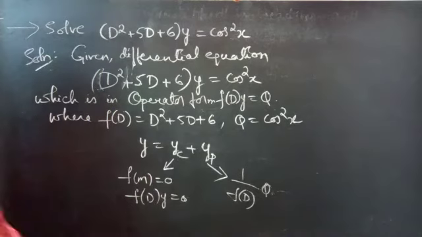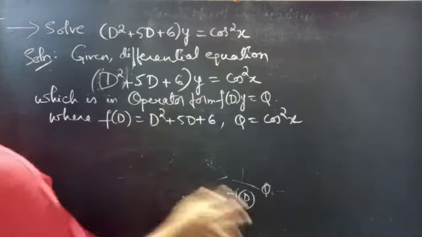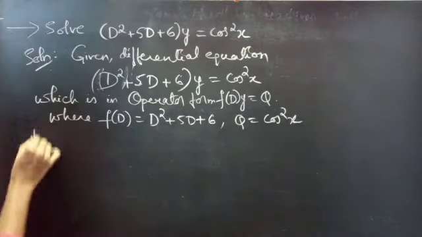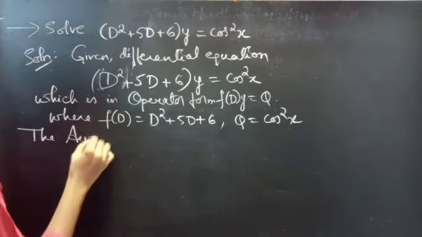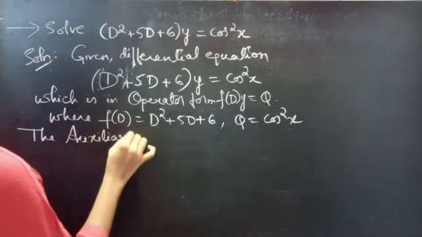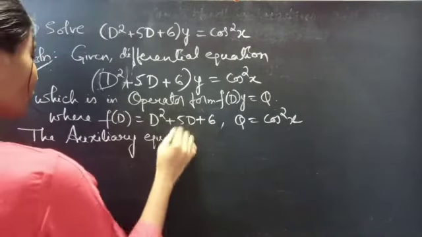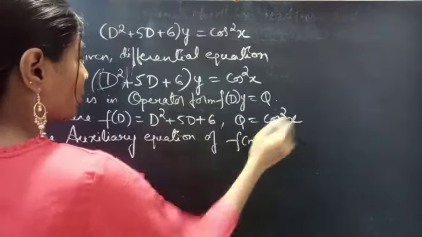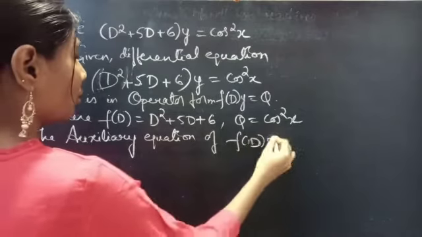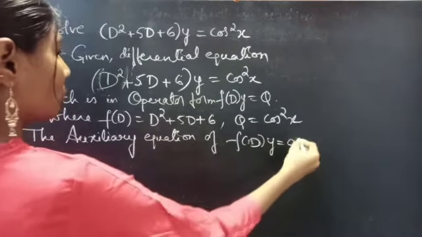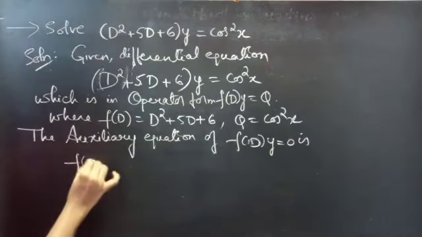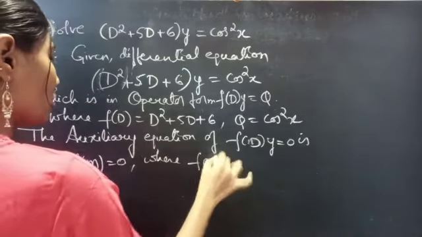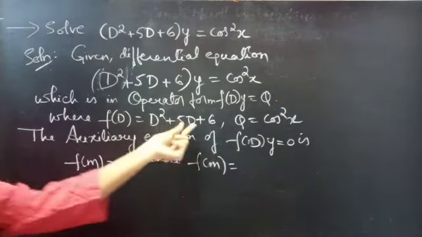Now firstly, we'll find the complementary function using the auxiliary equation. The auxiliary equation of f of D into y equals 0 is f of m equals 0, where we have f of D equals D square plus 5D plus 6.